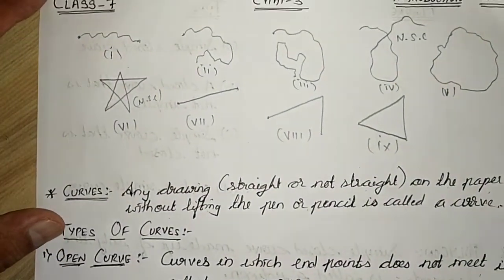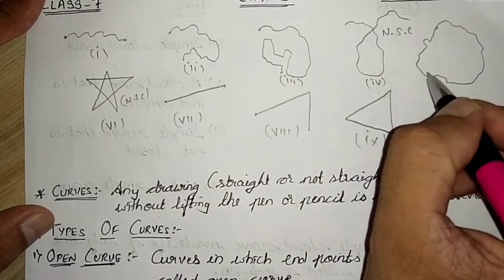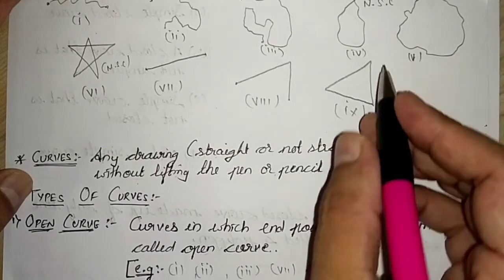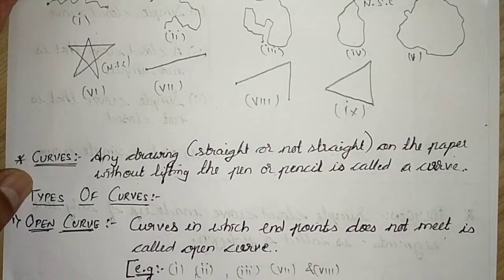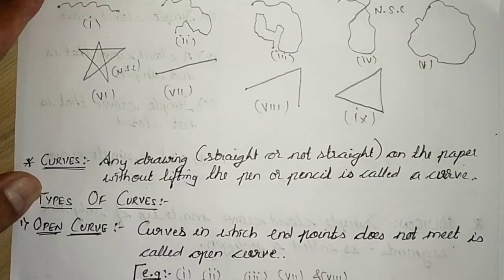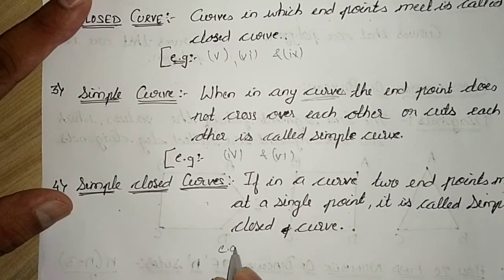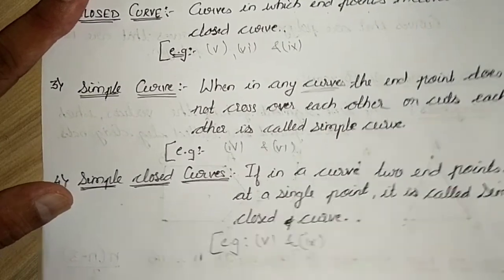If in a curve the endpoints are meeting at a single point, they are called a simple closed curve. Right, students? So these are our simple closed curves. So I am writing it. Example number 5 and 9 are simple closed curves.